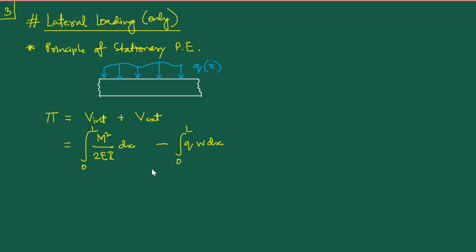Okay, so what do we do with this now? We have to use the principle of stationary potential energy. So all that we need to do is to apply this, which means that we are basically going to start our work from here.